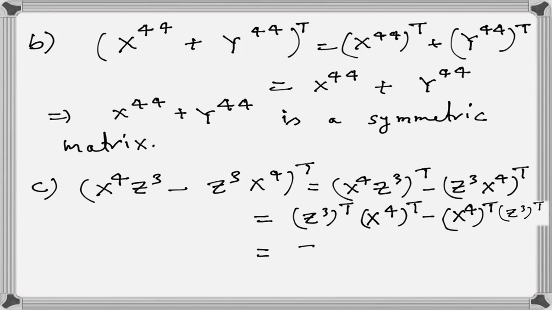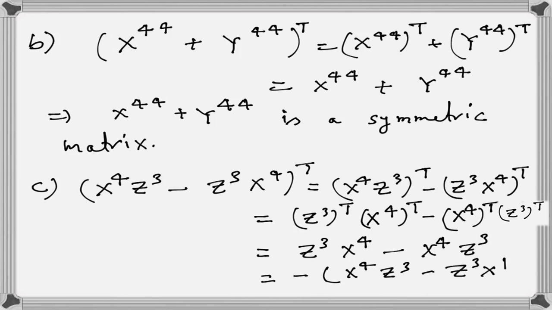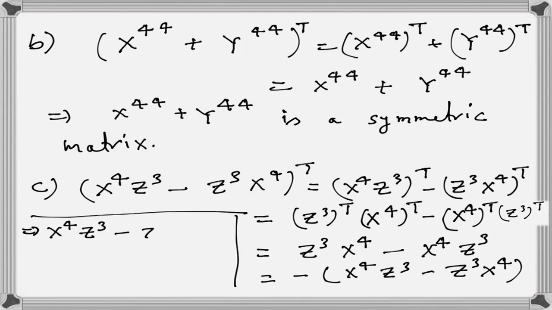All right, so this is nothing but z cube x^4 minus x^4 z cube, which is the minus of (x^4 z cube minus z cube x^4). So this implies that x to the power 4 z cube minus z cube x to the power 4 is a skew symmetric matrix.